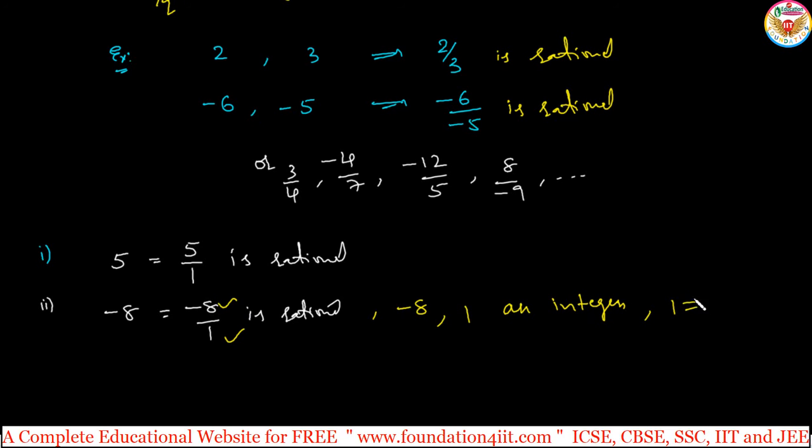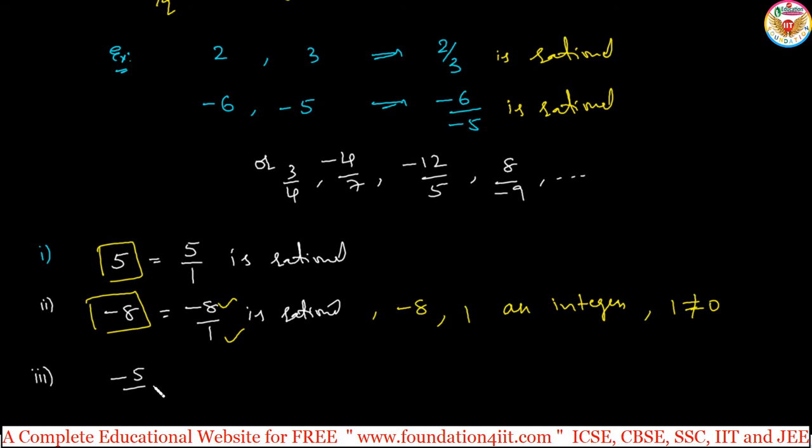Here 1 is not equal to 0. That's it. So minus 8 is also a rational number, and 5 is also a rational number. So the rule is every integer is a rational number, but the converse, every rational number, need not be an integer. See this example.